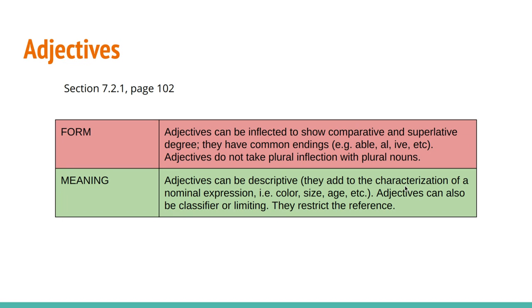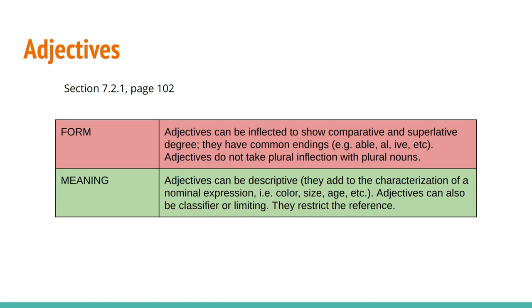But adjectives can also be classifiers, or they can be limiting. That is to say, they do not add to the description of a noun or a nominal expression, but they restrict the reference. And whenever we say that they restrict the reference, think of this expression: the only person.